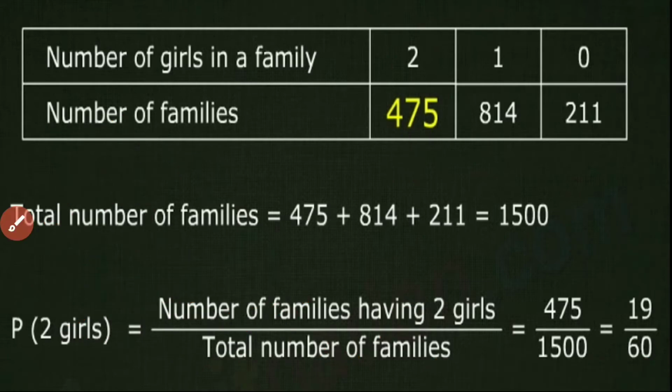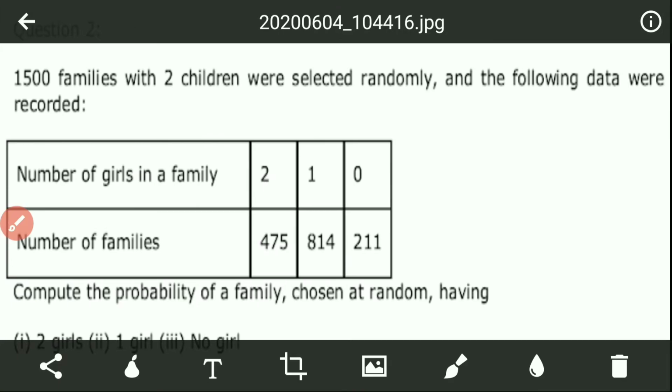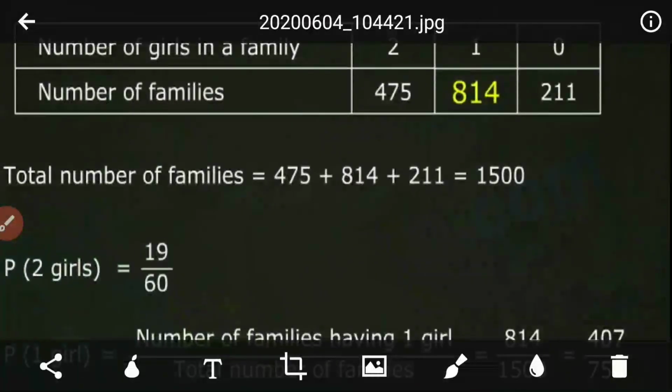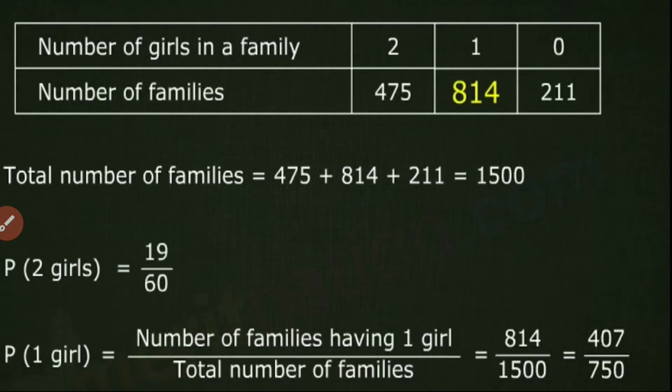Let's see the second condition, that there should be one girl. What is condition number 2? One girl. For one girl we add one more line, that is 814, the number of families having one girl, out of the total 1500 families.